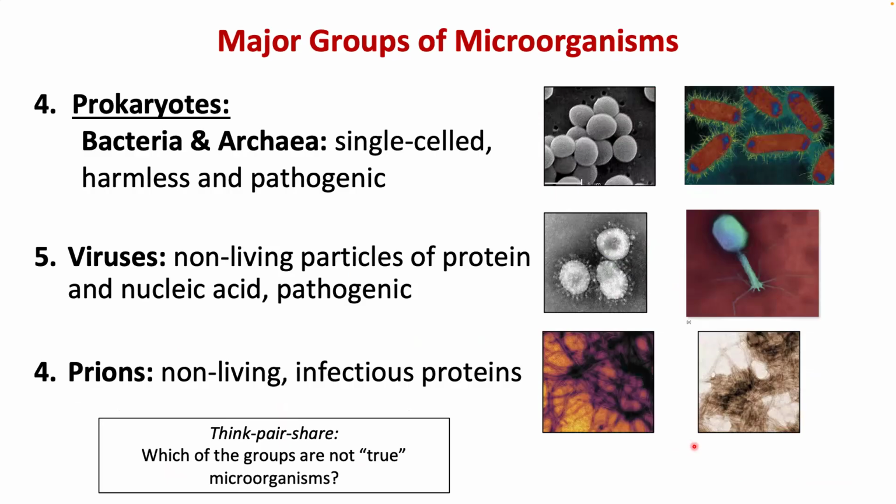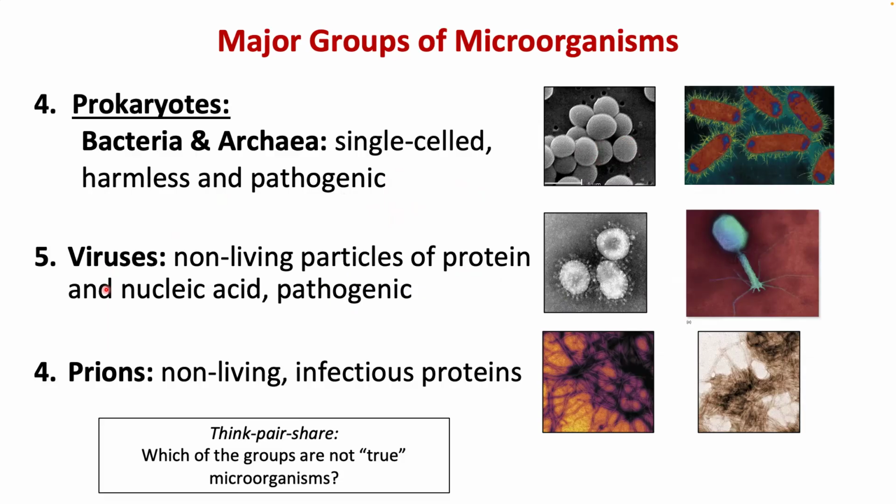On the next page, we can see the next group, which is prokaryotes, which consists of bacteria and archaea. They are also single-celled, harmless and pathogenic, depending on where you find them. And these are microscopic images of them. And here, point 5, or basically down here, we have viruses.